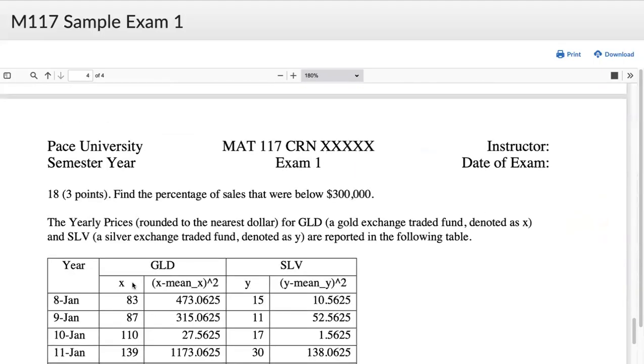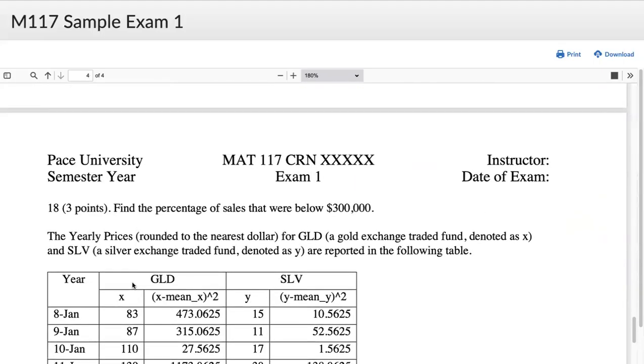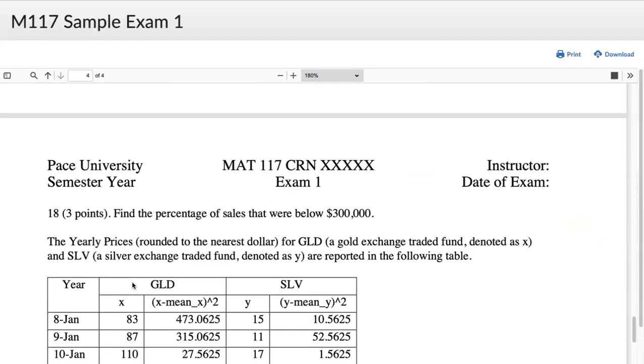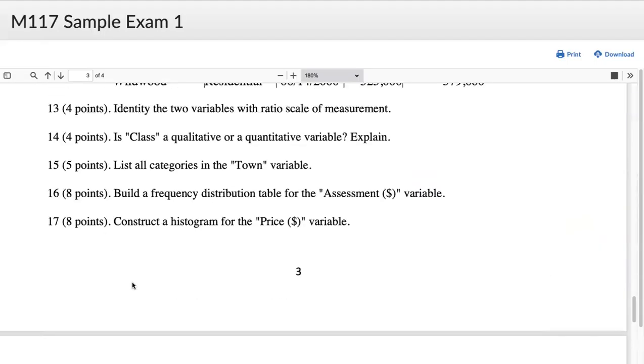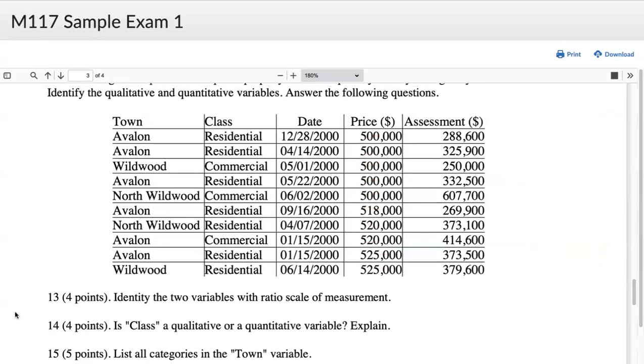All right, then 18, find the percentage of cells that were below 300,000. Below 300,000, right? So there has to be an assessment. So less than 300,000. So 1, 2, 3, 4, 5, 6, 7, 8, 9, 10, so in total we have 10.